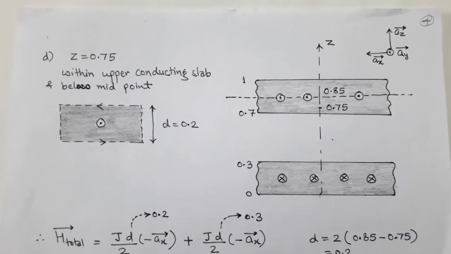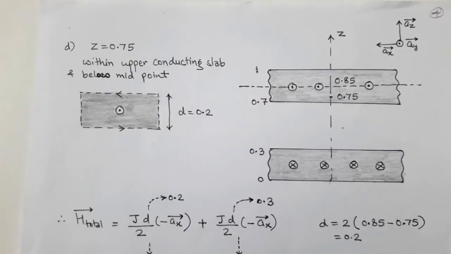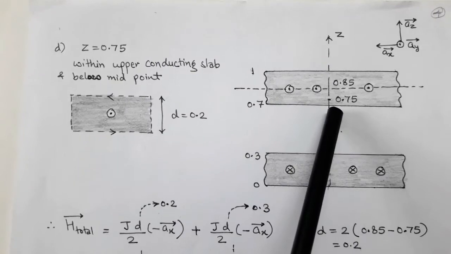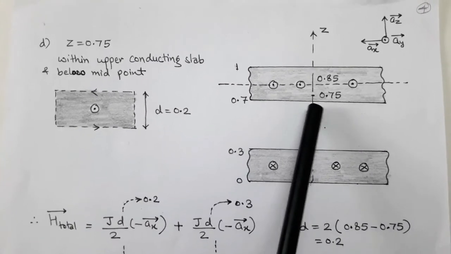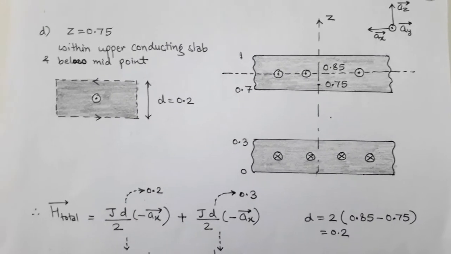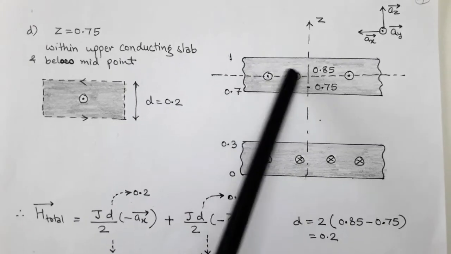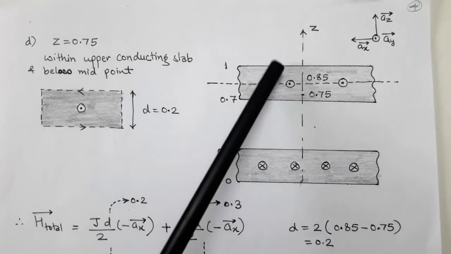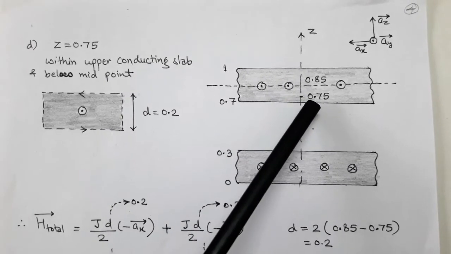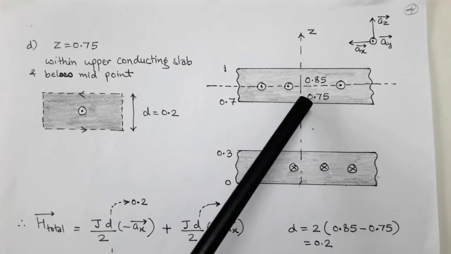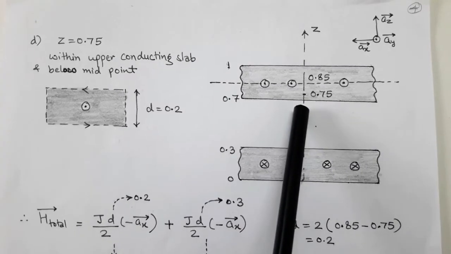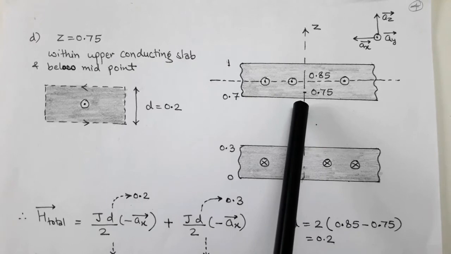The next is we have to determine the magnetic field intensity H at z equals 0.75. Here the point 0.75 lies in the upper conducting slab, but below the midpoint of the upper conducting slab. The midpoint of the upper conducting slab is 0.85 and this point is 0.75, so this is below the upper conducting slab midpoint, and we have to determine the value of small d.